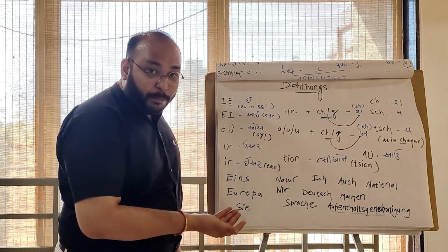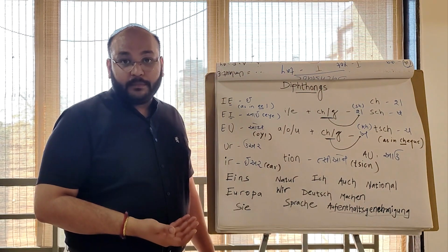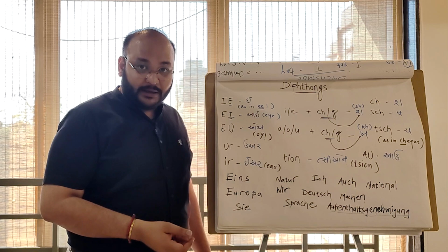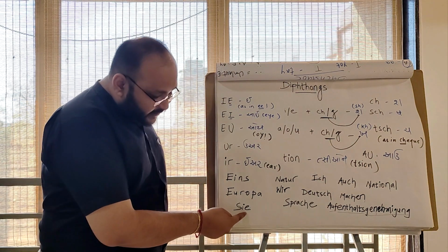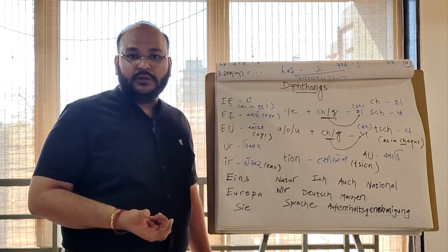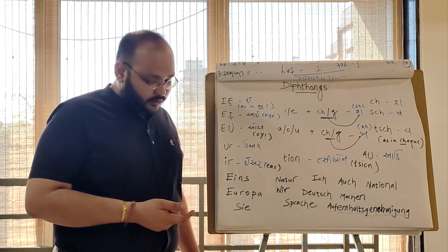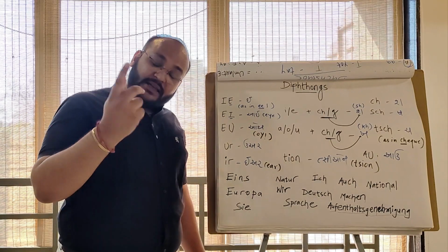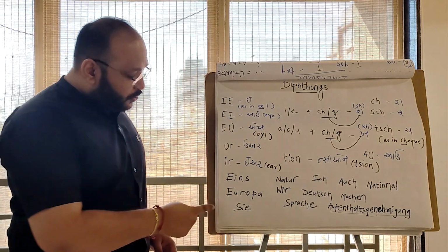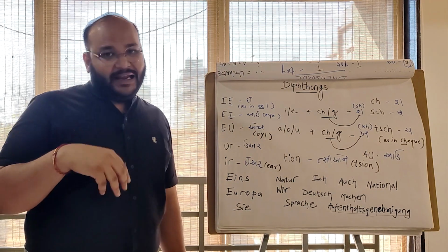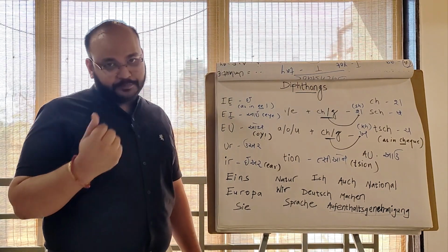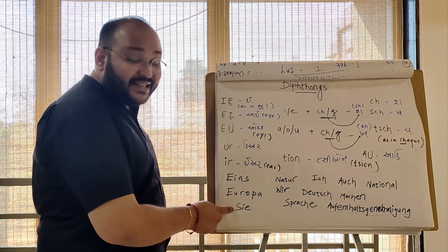So, Europa, oiropa. Simple. Here two vowels, IE. IE is E. So, Z. Later on, I will show you when to pronounce S as S and when to pronounce it as Z. So, this is Z.